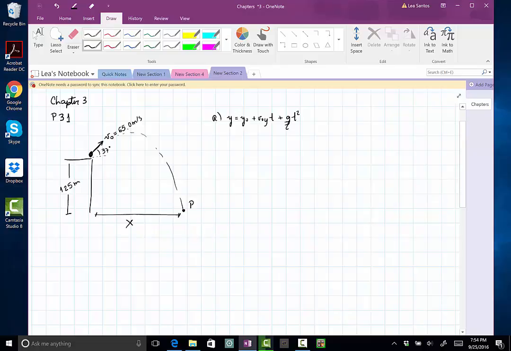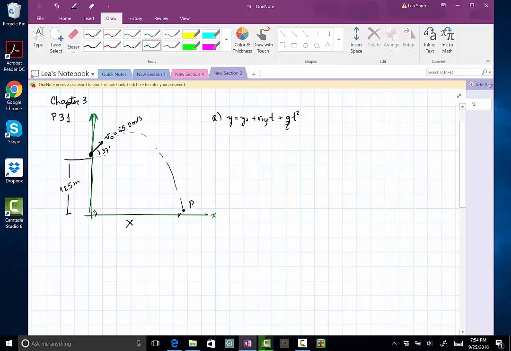Before putting any number there, let's choose a reference frame. I'm going to choose the reference frame that is indicated in the book, and this frame is the following. To the right is positive, and up is positive.